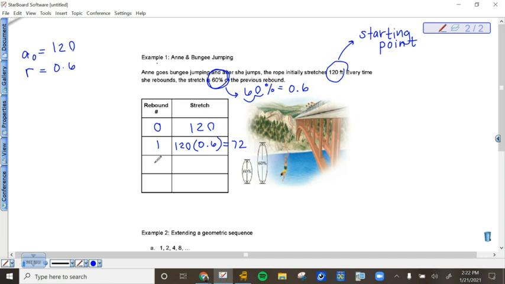And then after the second rebound, she's going to go 120 feet times 0.6. So that's like the previous jump, right? And then we again multiply it by 0.6. So this comes up to 43.2. Can you read that? Should I write that somewhere else? Can you read it? Yeah, 43.2.